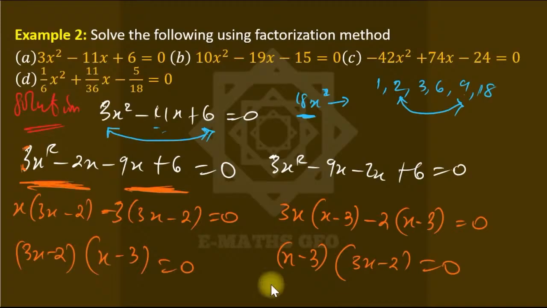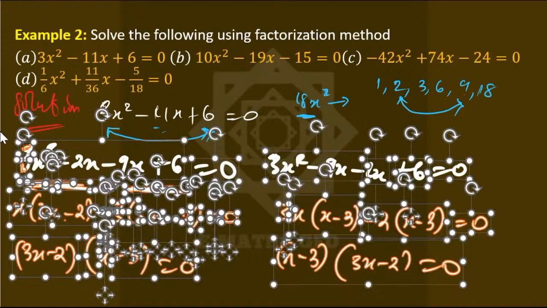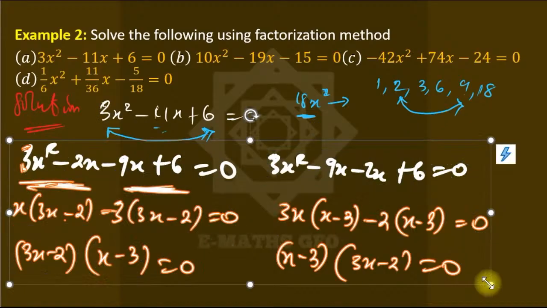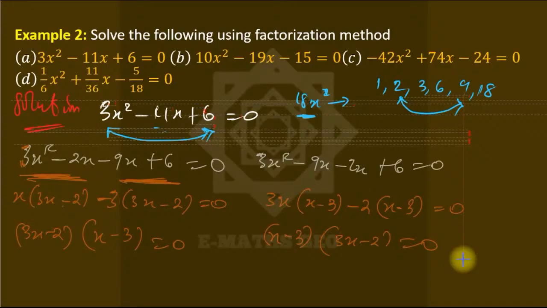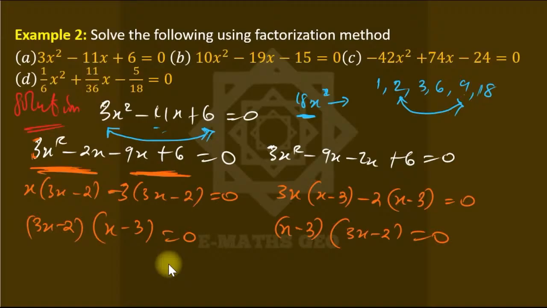So the final step: for the product of two numbers to be 0, what do you have to say? For the product of two numbers to be 0 means that one of the numbers must be 0.